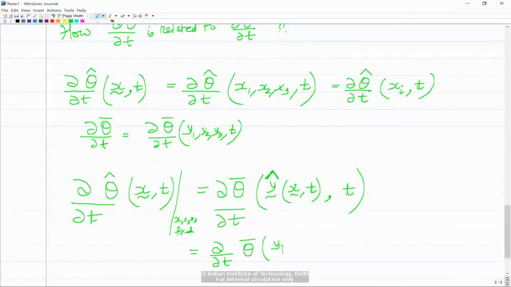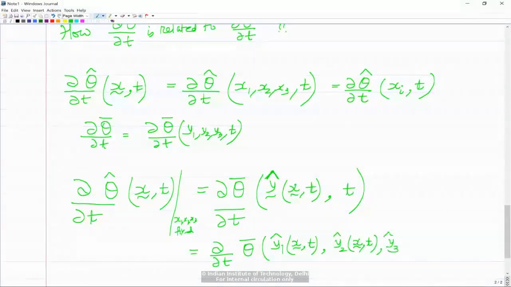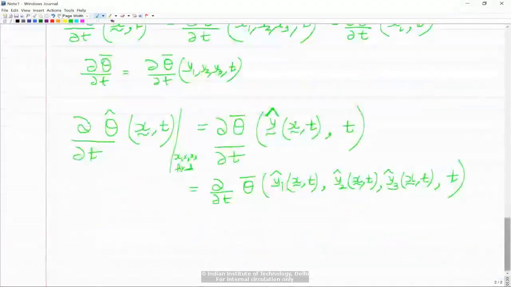So let us say y1 hat, which is a function of x comma t, then y2 hat, that's also a function of x comma t, then y3 hat is also a function of x comma t, and finally you have another t. Right now we are just doing some mathematics, but this will allow us to relate the two derivatives.